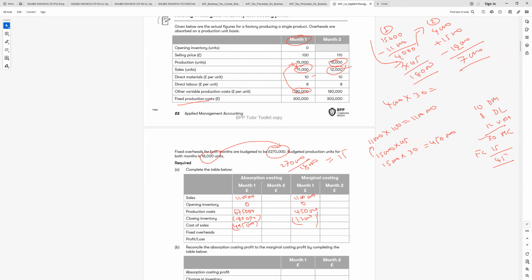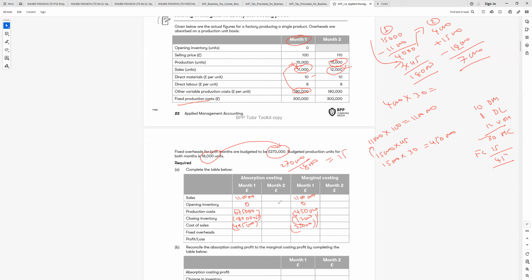And under the marginal, we have 330,000. So the difference is the production cost minus the closing inventory, these two.